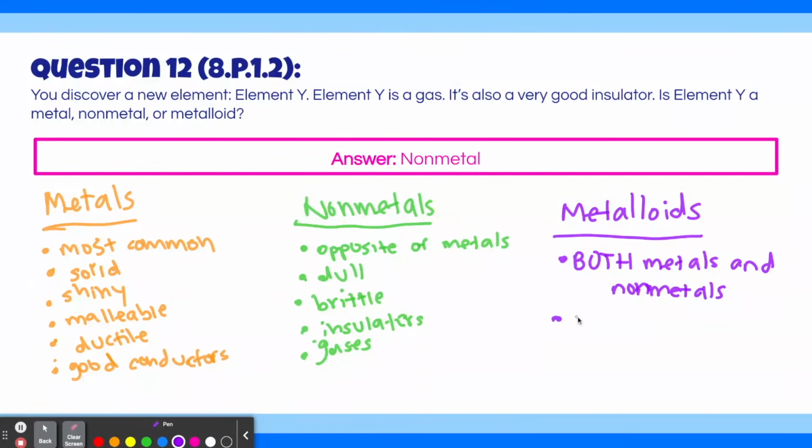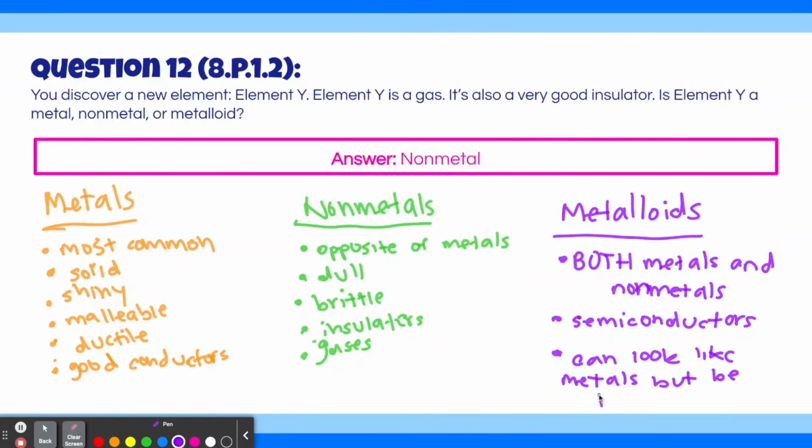They are often semiconductors because they can both conduct heat and electricity, but also insulate it. And semiconductors are really important in technology. They can look like metals, but be completely brittle. Some examples of metalloids are boron, selenium, and silicon.